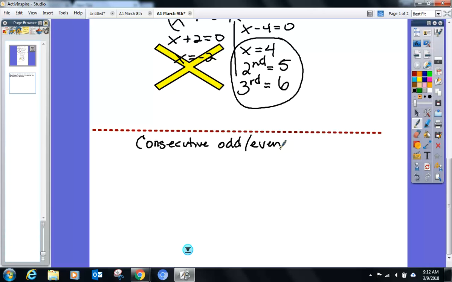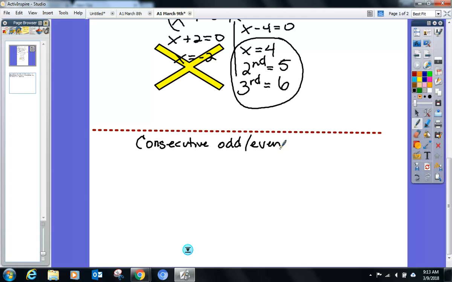Get away from the negatives. Don't be a superstar. 10, 11, 12. Those are consecutive. I need consecutive, odd, or consecutive, even ones. 2, 4, and 6.